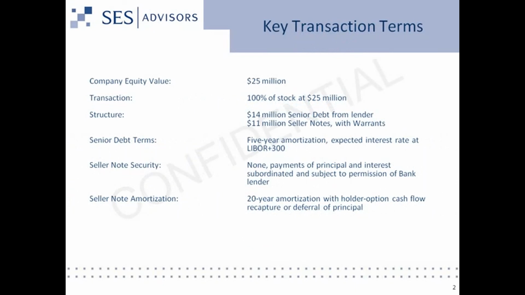This is sort of a conglomeration of various transactions, so it's not an actual transaction. But the 20-year amortization is just to stretch it out, and there's a cash flow recapture and a deferral option so that if the company is doing well, it can prepay, and if it's not, the seller can hold off.